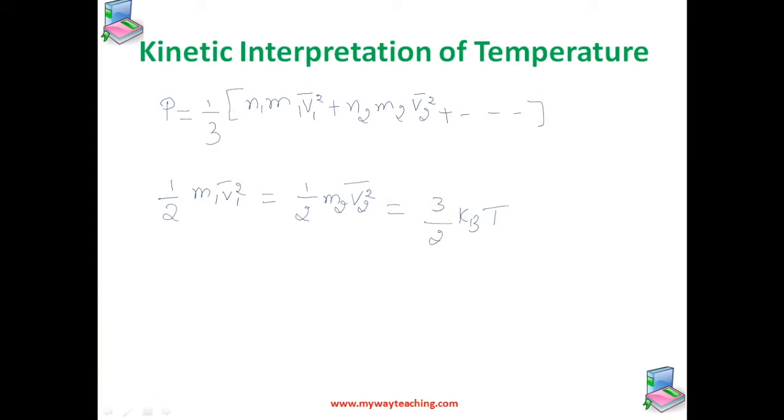So we can write it as P is equal to (N1 plus N2) into kB T, isn't it? So this is Dalton's law of partial pressures.